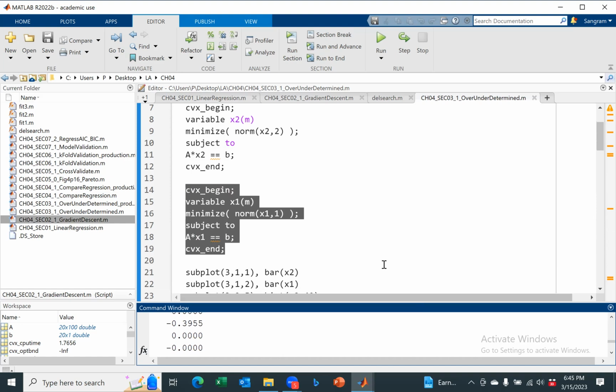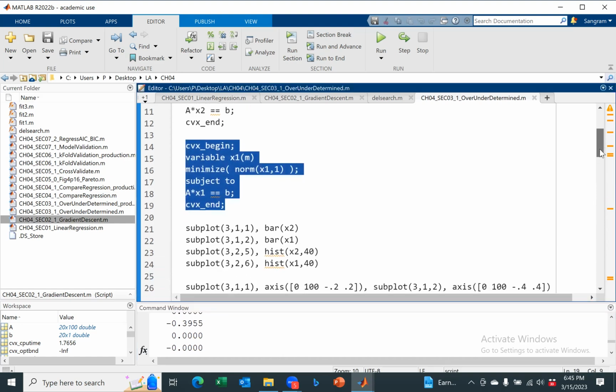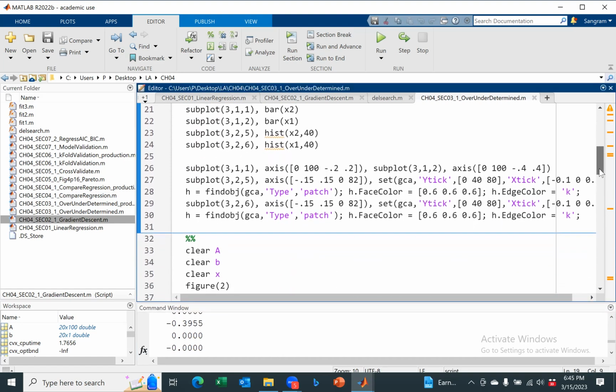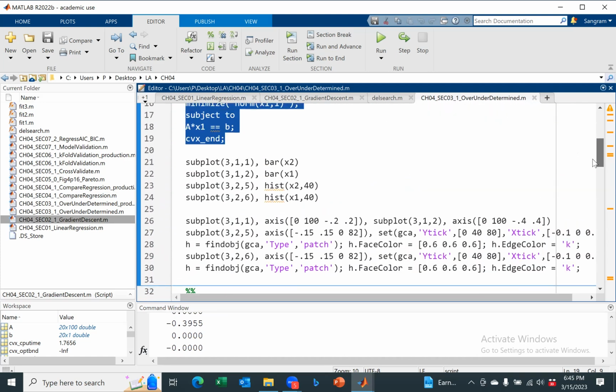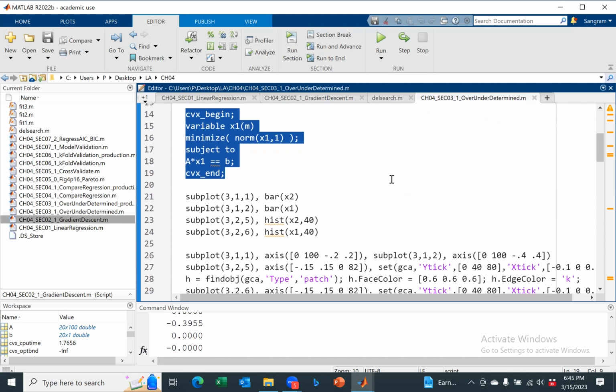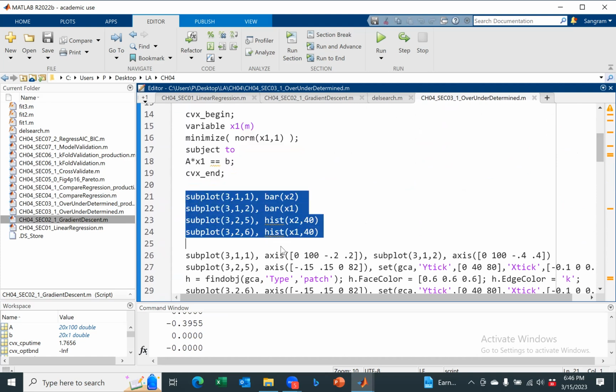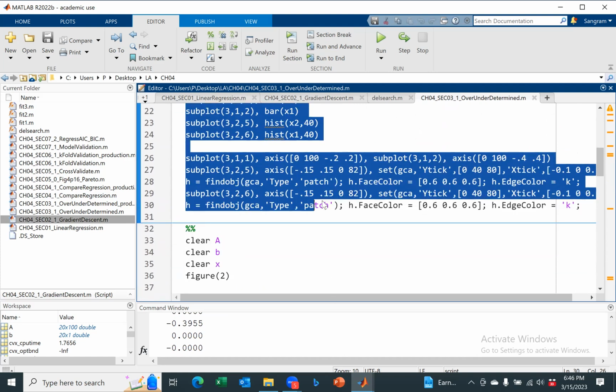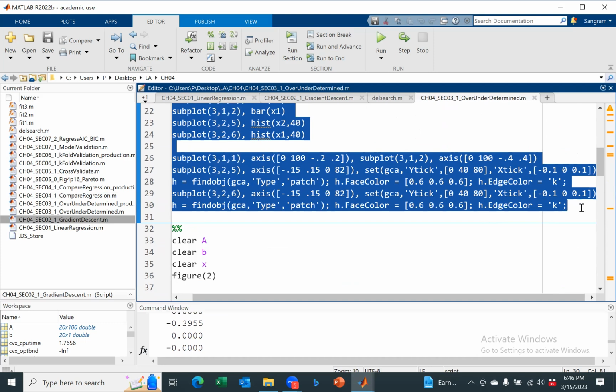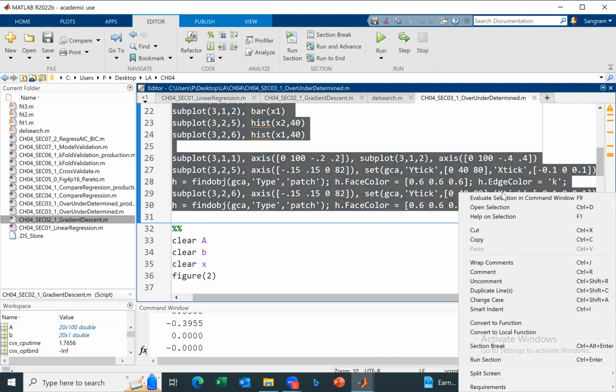I'm going to go further, and then you can actually plot the errors and see how it works out. So for an example, I'm going to plot these errors.